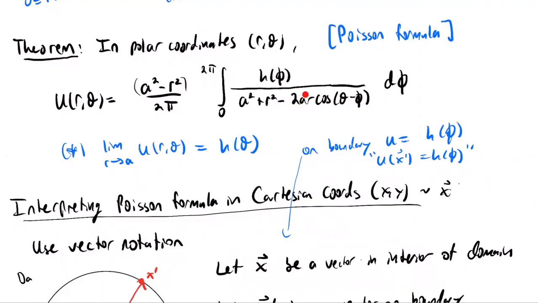On the other hand, we know that this quantity in the denominator can be replaced by x minus x prime squared, and these other quantities can also naturally be replaced. So r squared can be replaced by the absolute value of x squared. So now the only issue is worrying about this d phi parameter here.